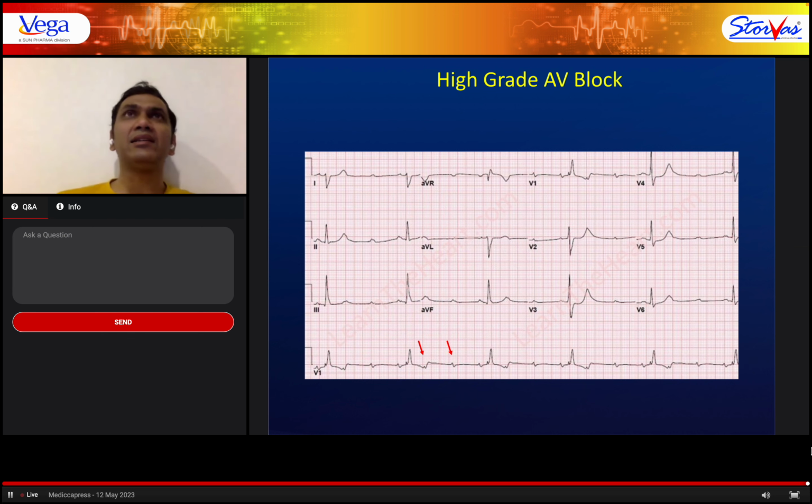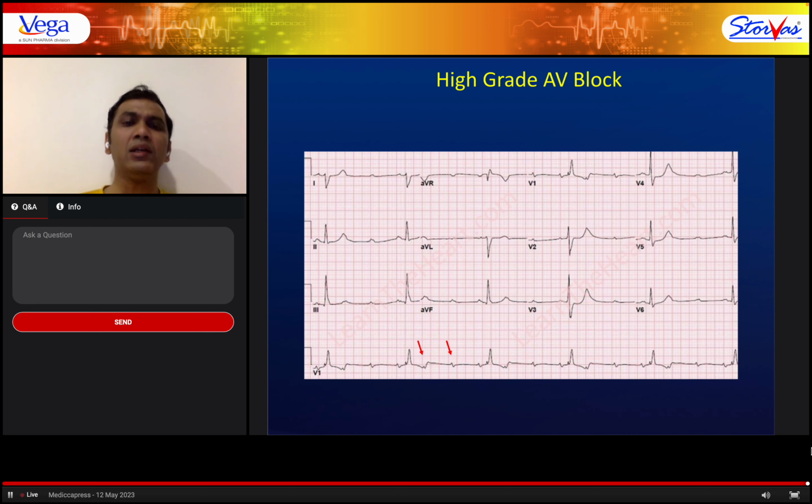Sometimes you get non-sinus P waves which block to the ventricle. There it's more an atrial arrhythmia that is blocked to the ventricle rather than a high-grade AV block. In those patients, termination of the arrhythmia may resume normal AV conduction. In these patients where the sinus node gives out the P wave, the pacemaker remains our only solution.